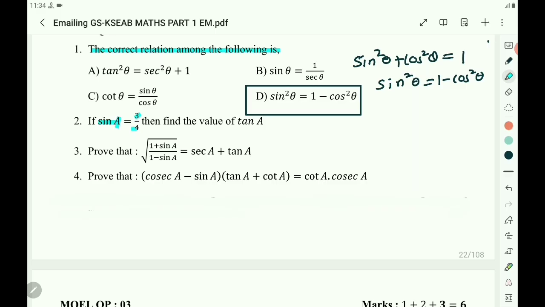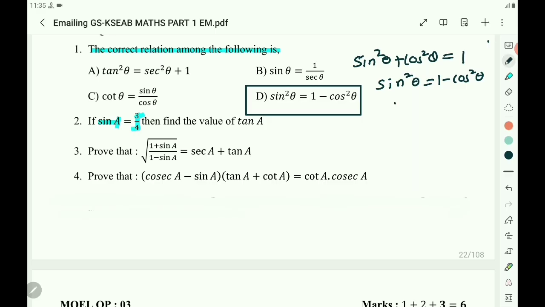For the angle A, opposite side and hypotenuse is given. The ratio between the opposite side and hypotenuse is given. By using this ratio, we have to find the adjacent side to that angle A by using the Pythagoras theorem.